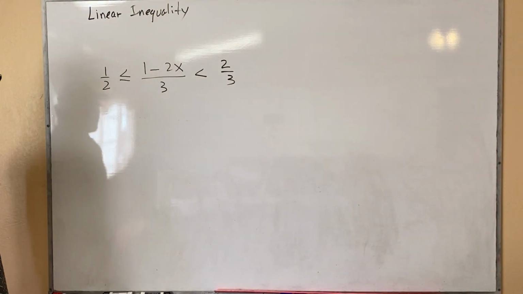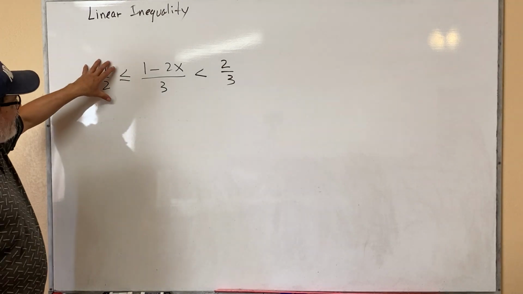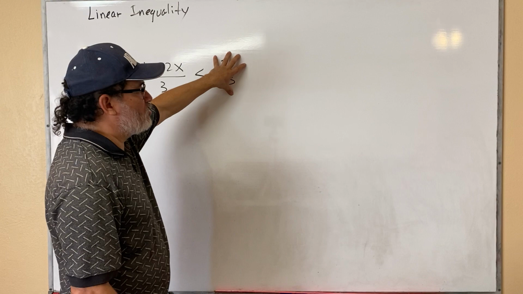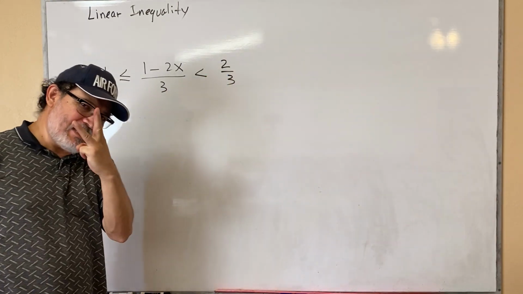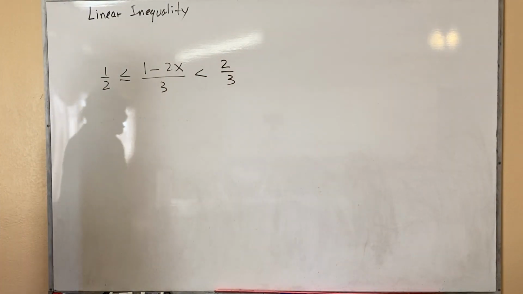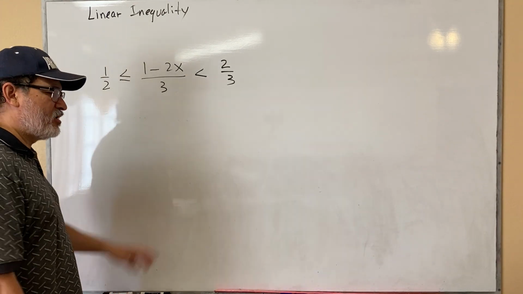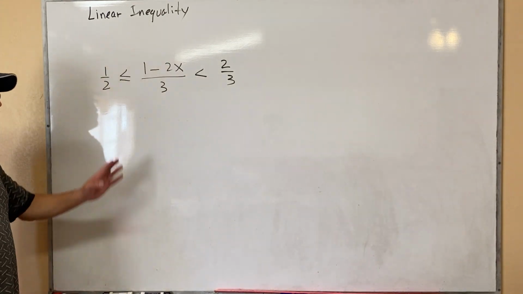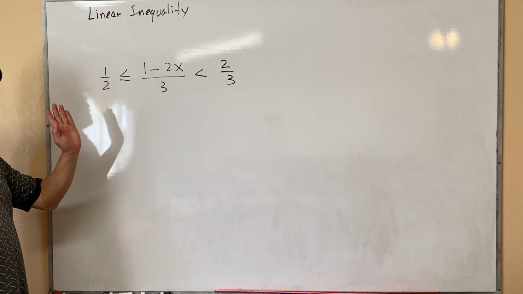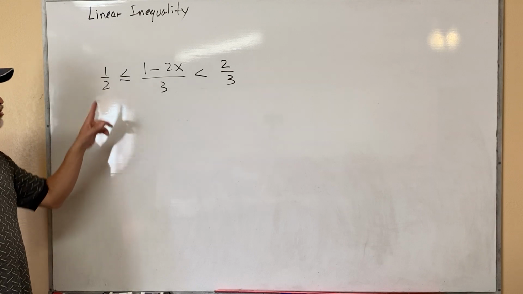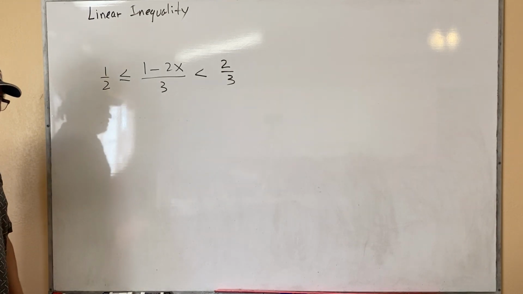Okay, no problem. Here's side 1, side 2 in the middle, and side 3 to the right. 3 sides. They all get treated the same. I'm going to multiply every numerator by the LCD, and the LCD is 6. 2 times 3 is 6.